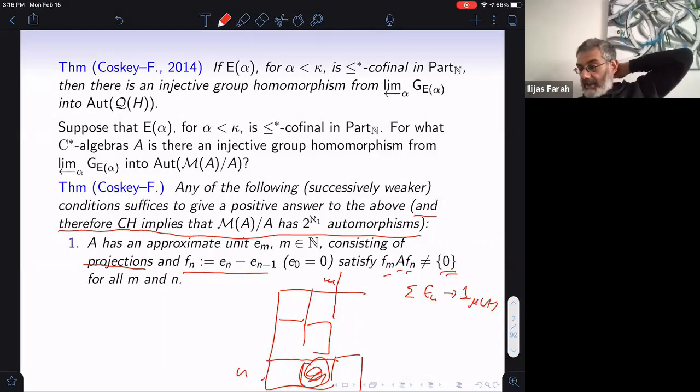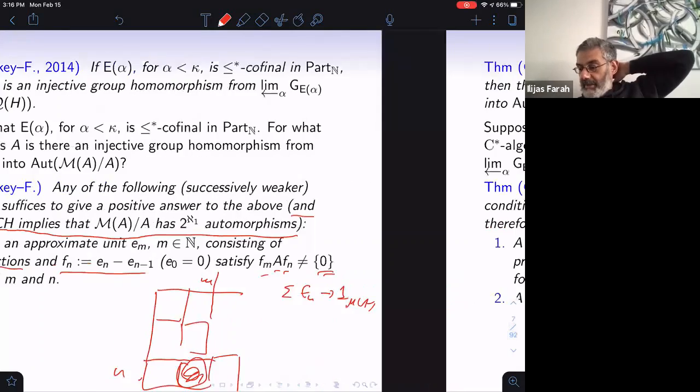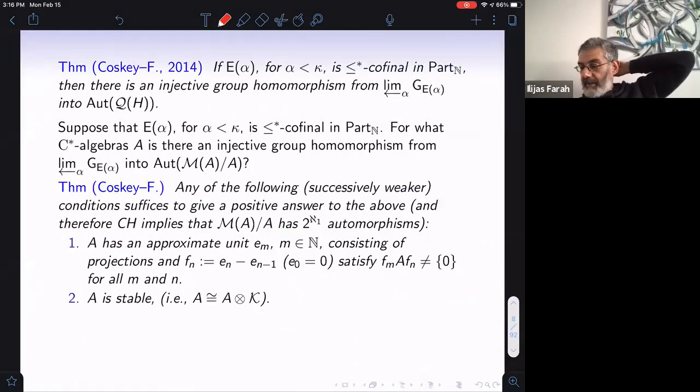Now, one interesting, important case of having property 1 is if you just take your favorite unital C* algebra and tensor it with compact operators. Then you can get an approximate unit which looks exactly like this, because those compacts behave exactly like compacts behave in the Calkin algebra. You have these non-zero corners, and literally the same proof gives you automorphisms as before.